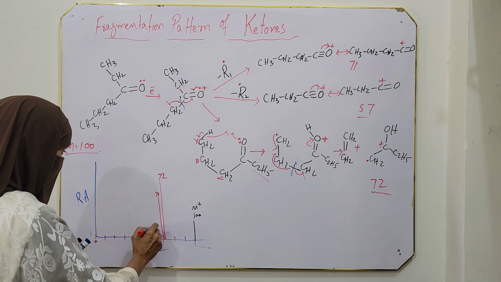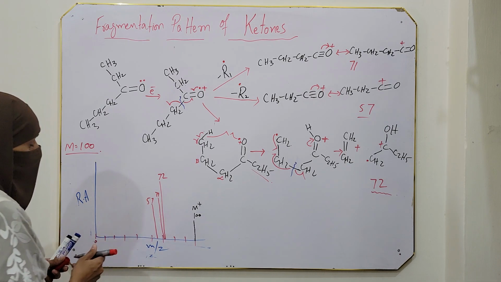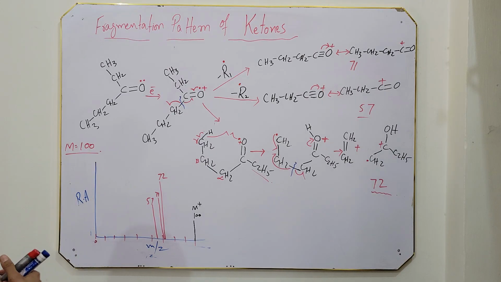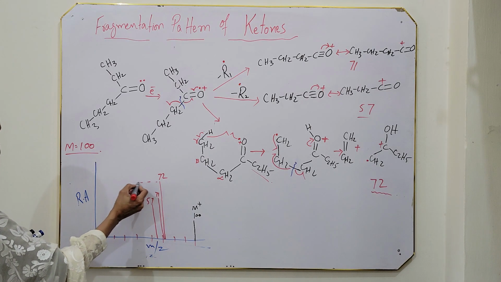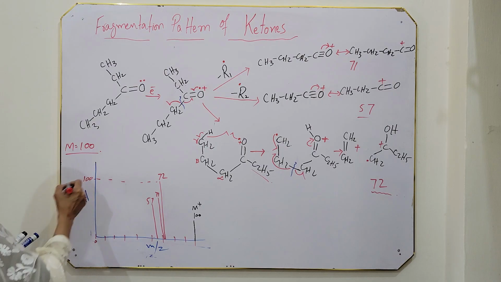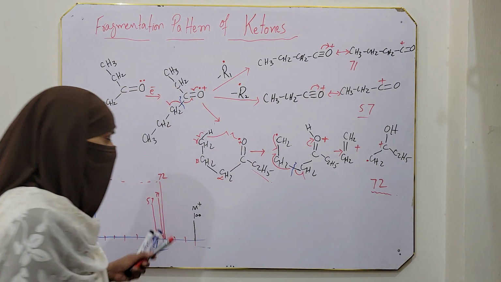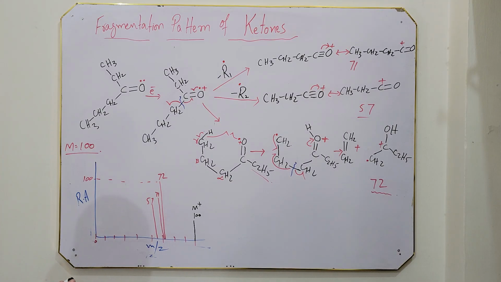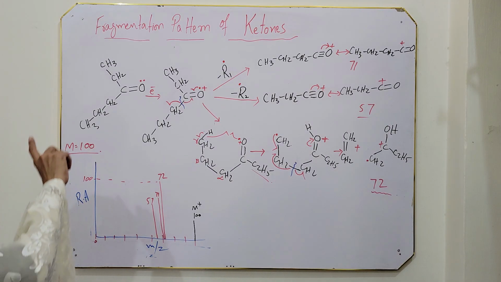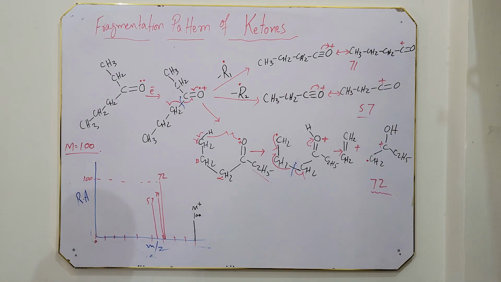This is at 57, and it will be a strong peak. The base peak has 100% abundance. So this secondary carbocation will be the base peak. The molecular ion peak will again be weak in case of ketones. So this was all about the fragmentation pattern of ketones.